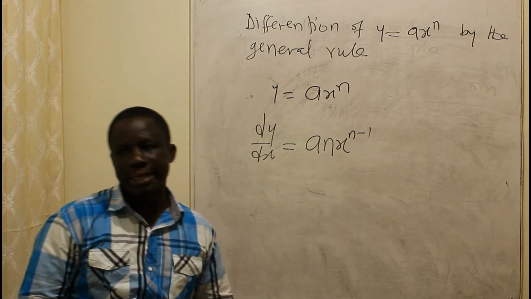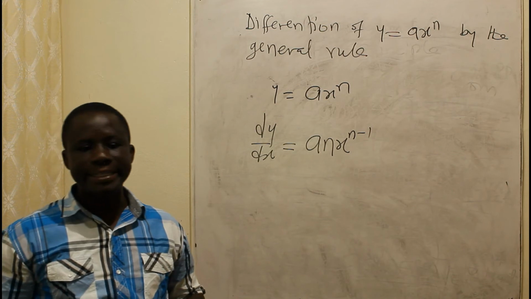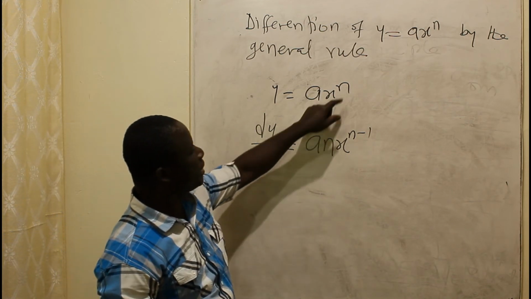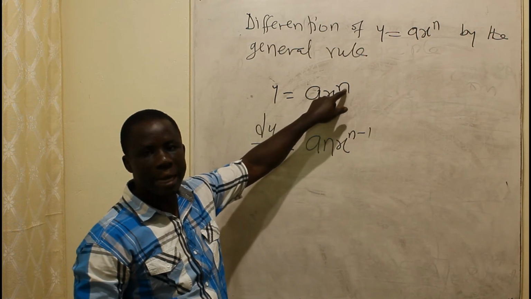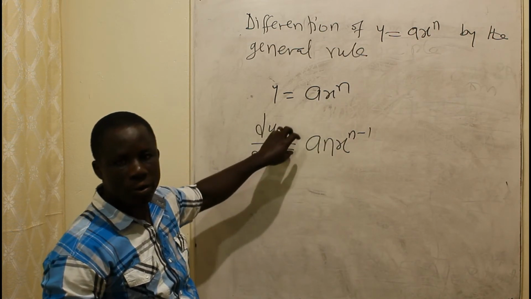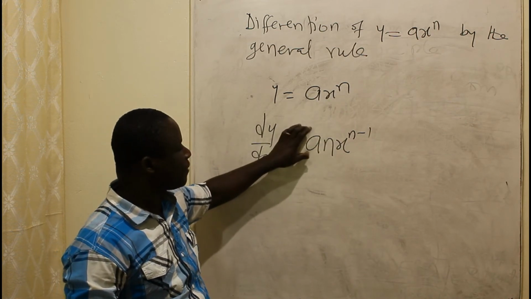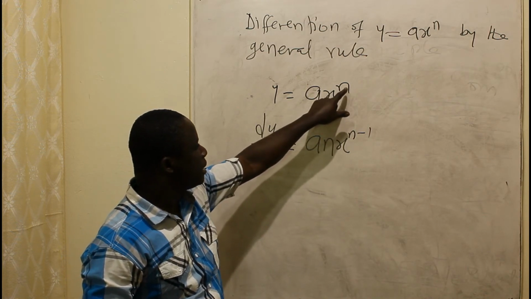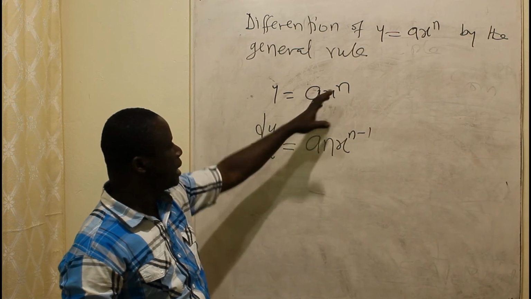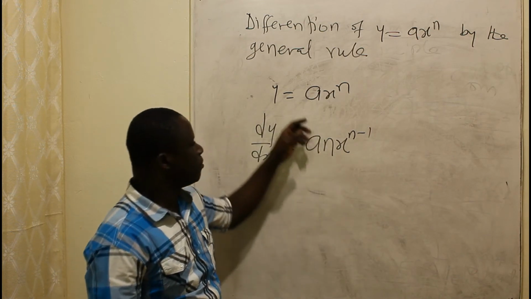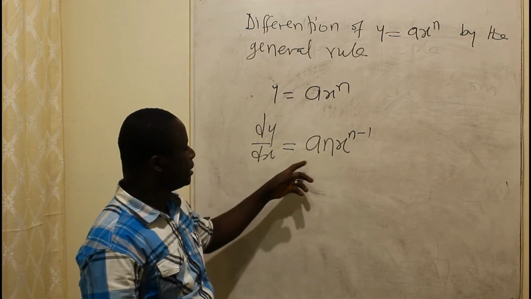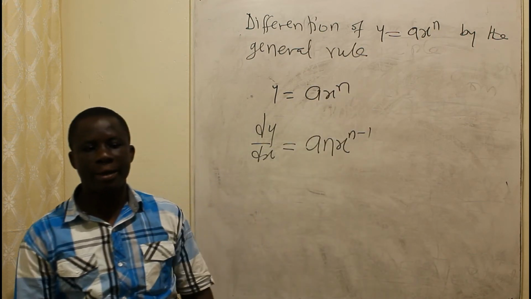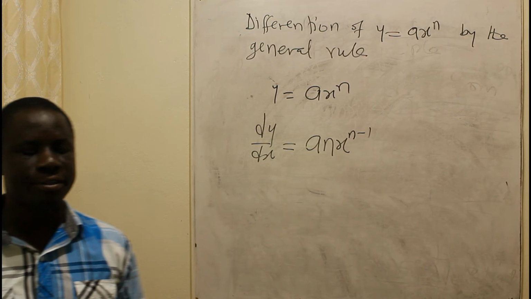What it means is that if you have a function, just use the degree or the power to multiply the coefficient of that function. So you multiply n and a, where they are all constants. When you multiply a and n, you get a n, then you take away 1 from the power, and that is the general rule for differentiation.